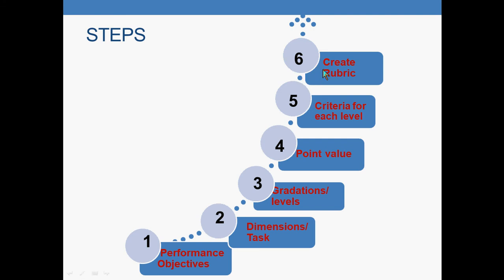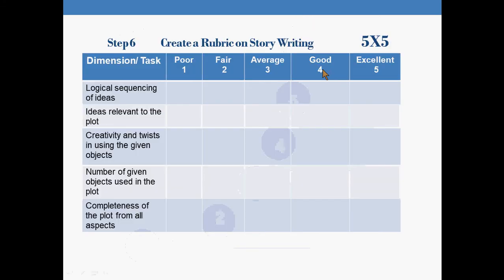And finally, you create your rubric. Let's see in the next slide how a rubric is created, keeping in mind these 6 steps for story writing. These are the dimensions that needs to be assessed, like logical sequencing of ideas, ideas relevant to the plot, creativity and twist in using the given objects, number of given objects used in the plot, completeness of the plot from all aspects.